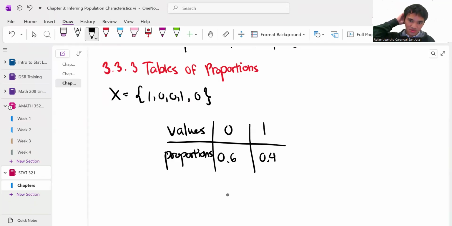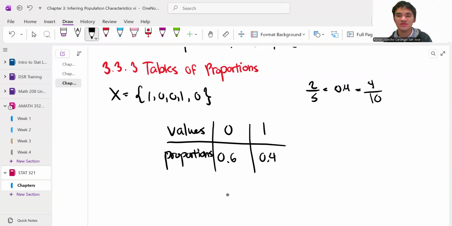How do we know? We just divide. The total number of observations here is 5: 1, 2, 3, 4, 5. How many ones do we have? We have 2. So this is 2 divided by 5, which is 0.4.